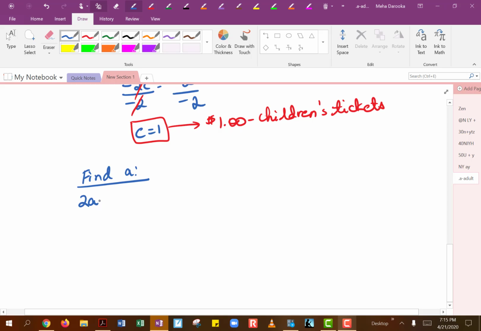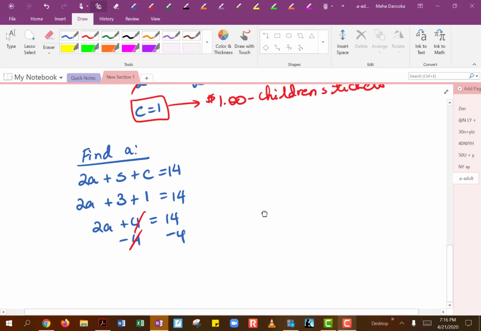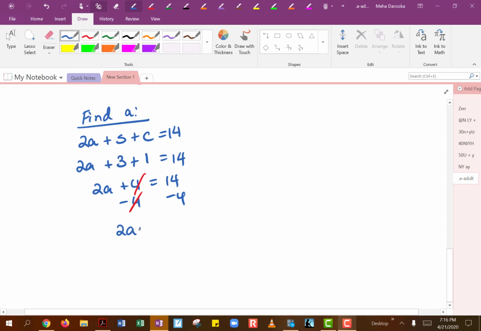So 2a plus s plus c equals 14. Student tickets are $3, children is 1, so that will add up to 4. Subtract 4 from both sides. We end up getting 2a equals 10.